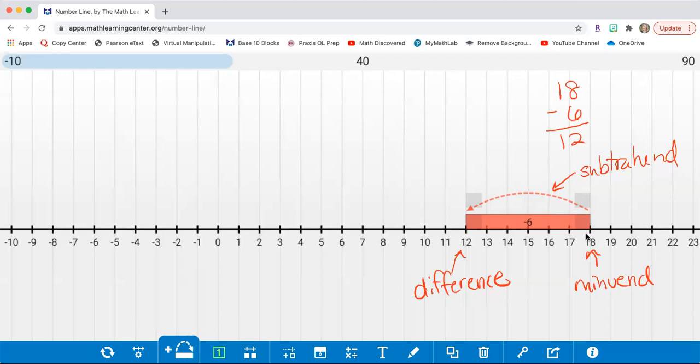And so if we start here with the minuend, and now we're thinking, here's my subtrahend, here's 6.